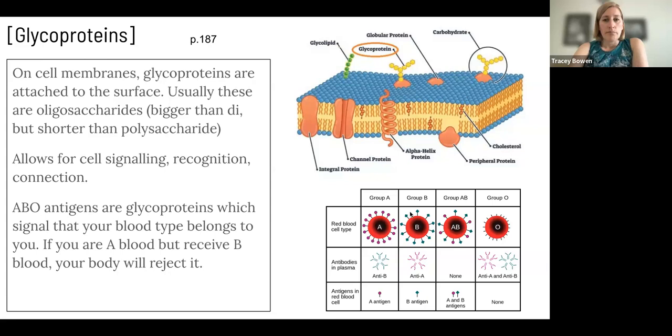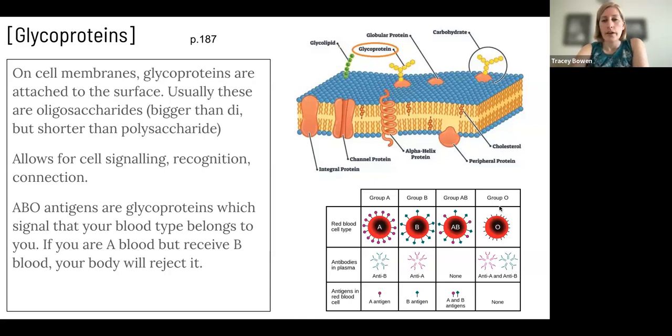If you are B blood, you have B antigens, so you have anti-A antibodies, no A antigens in my body. But if you're AB, you have both A and B antigens, so you have no antibodies, which means you can get any kind of blood type. You can get O, A, or B. If you are O, you have no antigens, so you have no markers, and you have all of the antibodies, which means you have to get O blood.